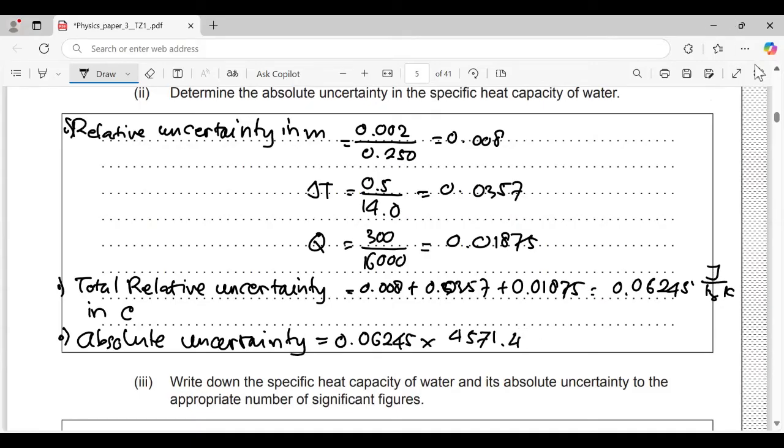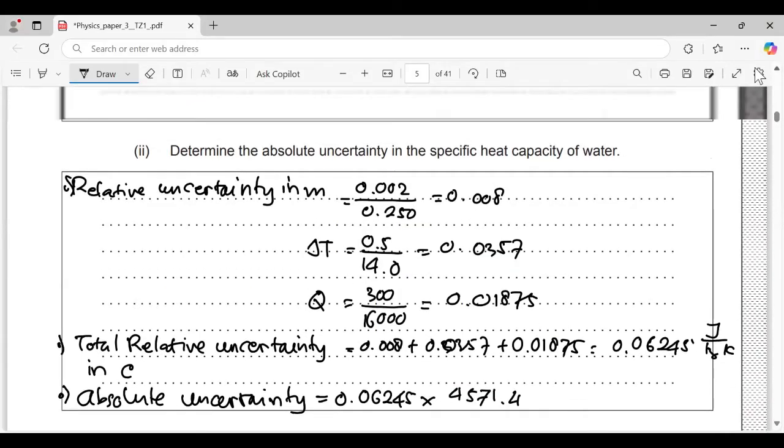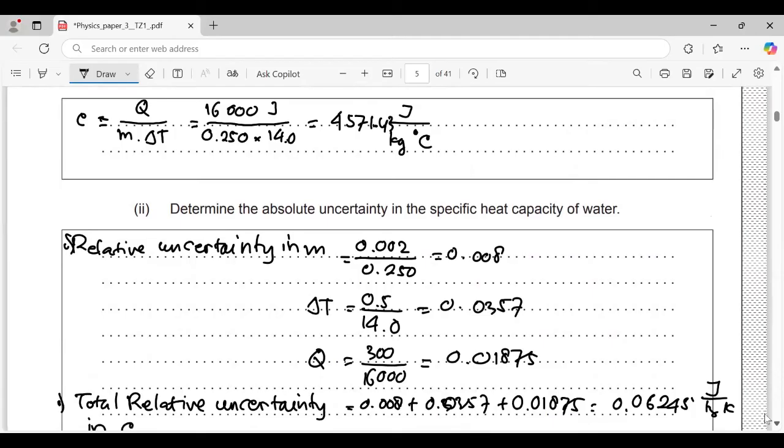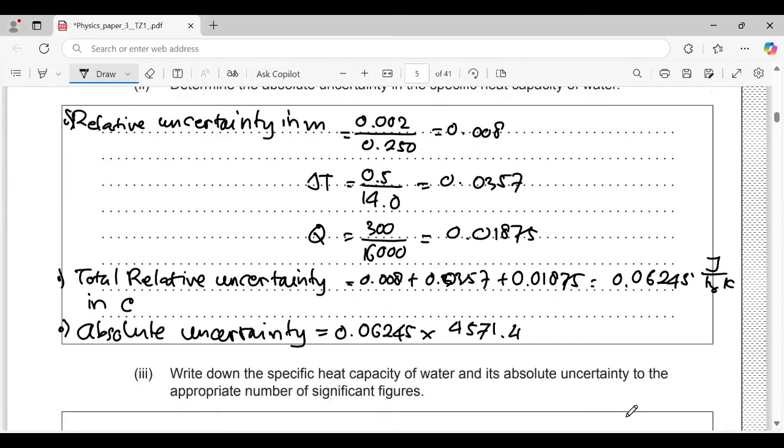Actually, wait, let me see. This one, the first result. Okay, this is 0.43. Supposed to be 0.43, and it equals 285.46, rounded to 286 joule over kg Kelvin.